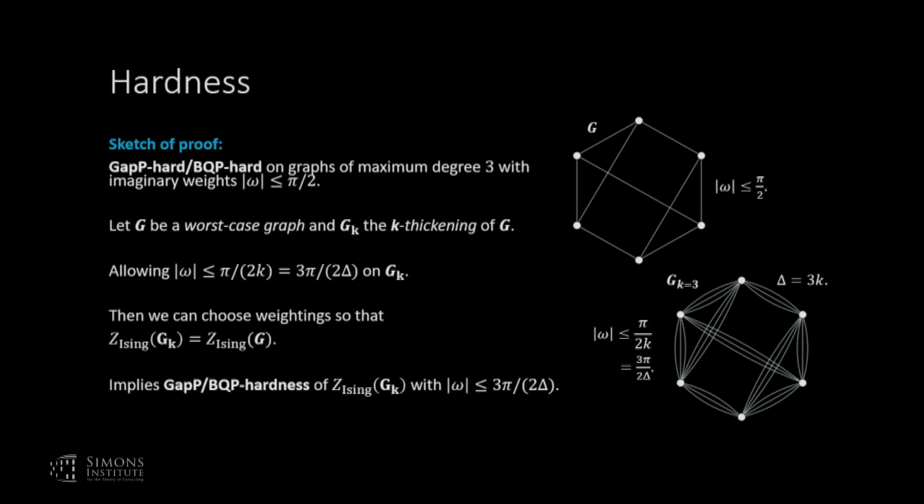If we allow rotations up to pi/2k on this graph, these all add together, so we get the exact same pi/2 on the original graph. Rewriting this in terms of k, we get 3pi/2 delta, so you also get this 1/delta scaling. This implies GapP-hardness for relative error and BQP-hardness for additive error of approximating the Ising model partition function when the weights, which have to be imaginary, are bounded by 3pi/2 delta.